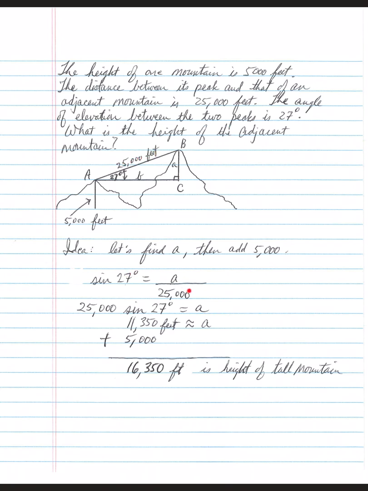Set that ratio up, multiply both sides by 25,000. 25,000 times sine 27 is approximately 11,350 feet. Don't forget to add in the 5,000 feet from mountain A to get a total height of 16,350 feet.